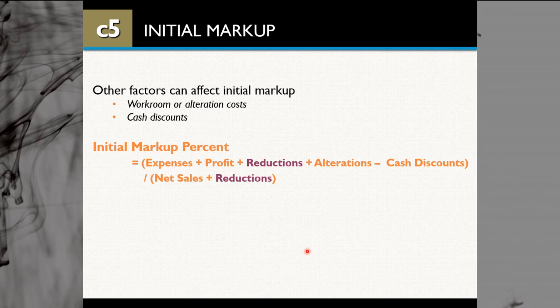So you're going to add that alteration cost. That's how much you're gonna pay more, so you're gonna put that at the top. But then if you have any cash discount, you can deduct that amount from the top. So if you consider this additional factor, that's gonna be expenses plus profit plus reduction plus alteration or workroom cost minus cash discount, and the bottom will be the same.